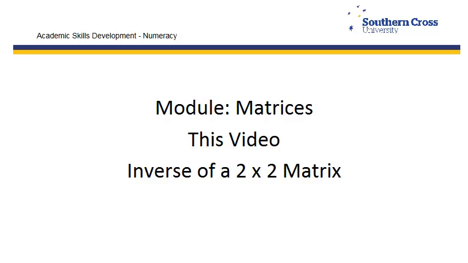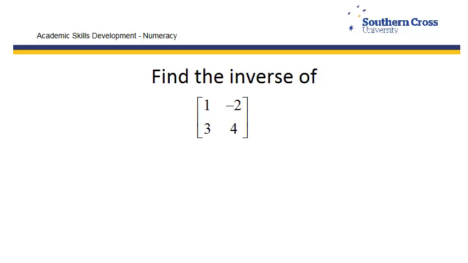In this video we're going to look at how to find the inverse of a 2 by 2 matrix. There are two methods, and in the first slide here we're going to use the method of using determinants.